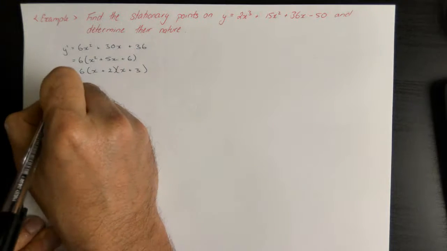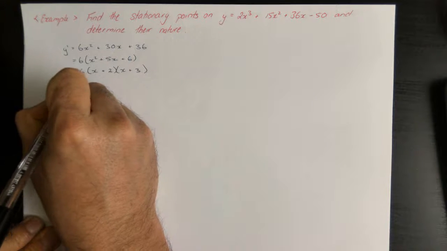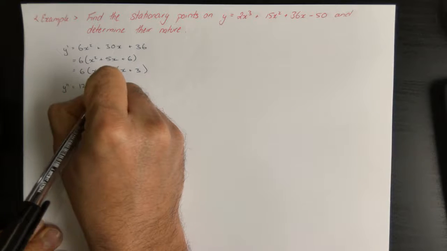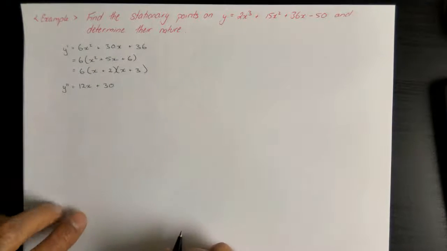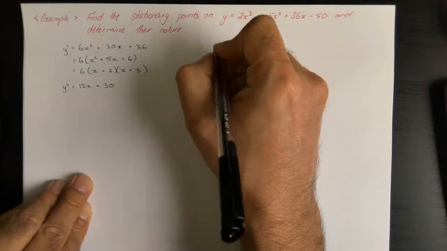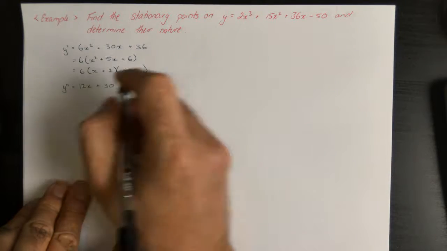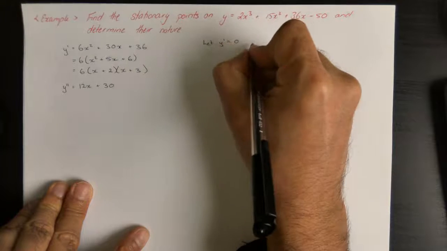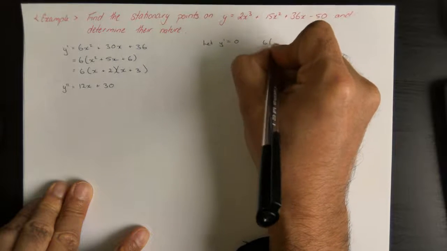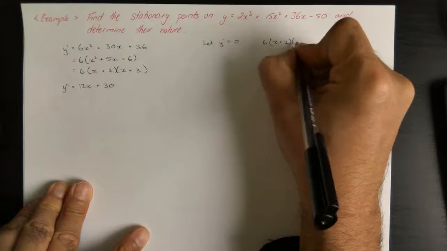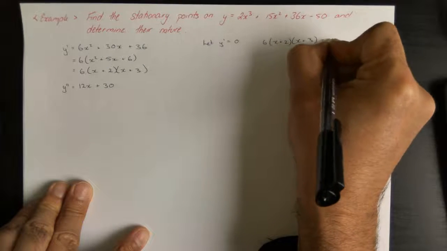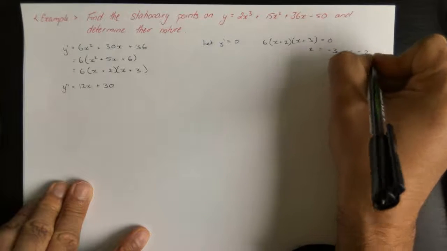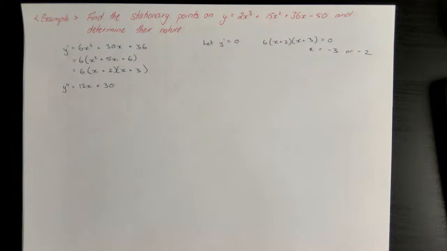Okay, and then the second part is to get the second derivative. Okay, so from the first derivative, if I let y' equal 0, we get x to be either -3 or -2. Okay.